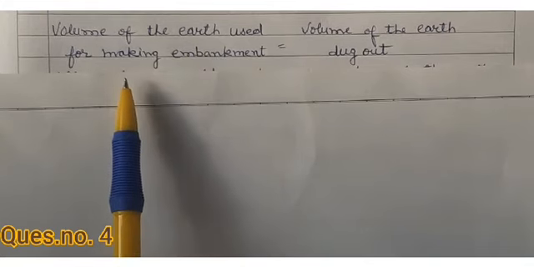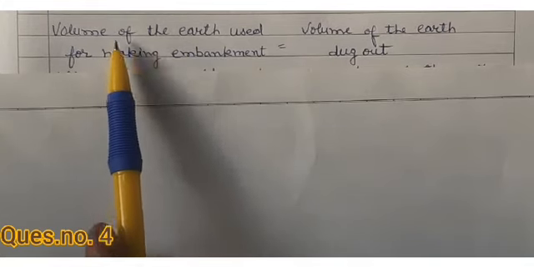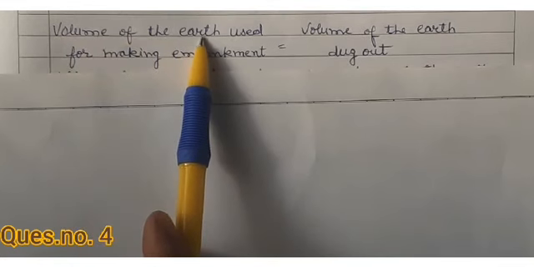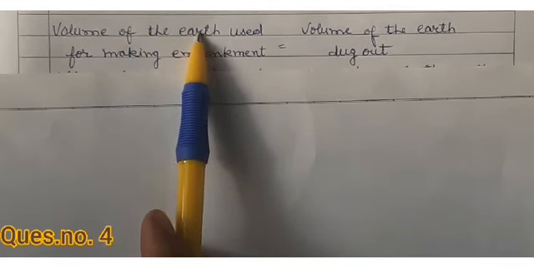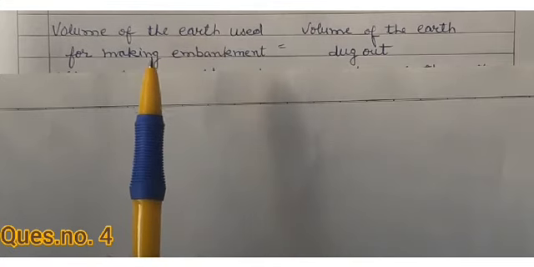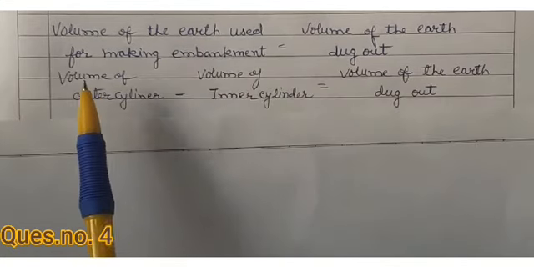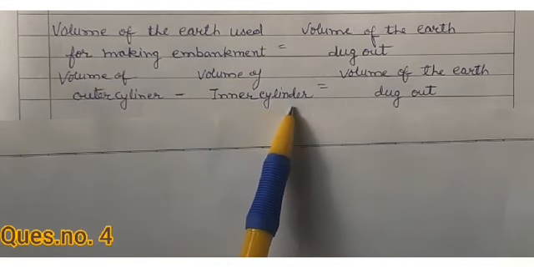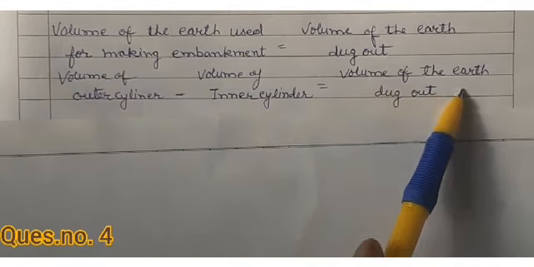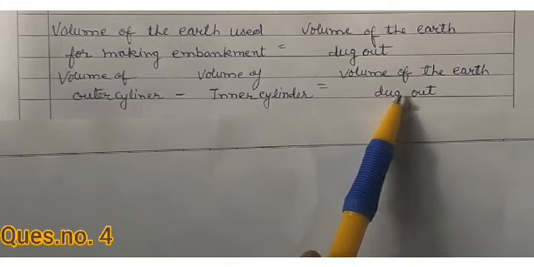So two cylinders you can get. So how can you get the volume of earth from the embankment? That is volume of outer cylinder minus volume of inner cylinder is equal to volume of earth dug out.